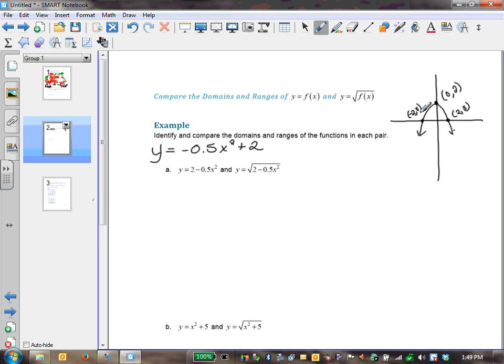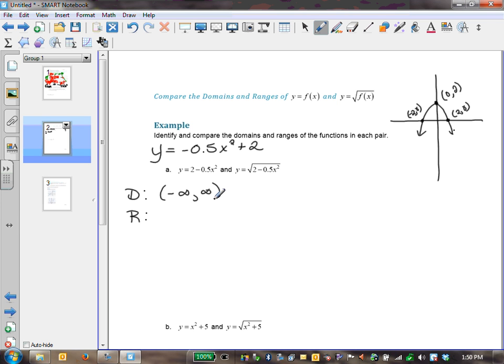While we're here, let's do the domain and range of this graph. Domain of this graph. Yes, we are still recording.